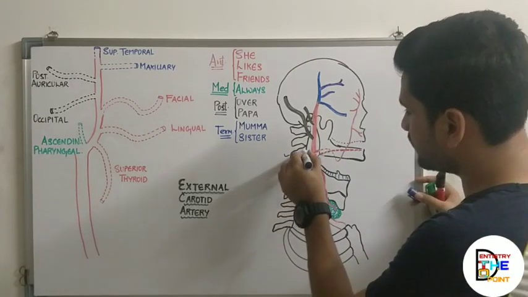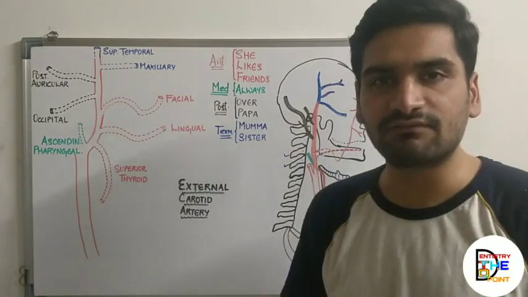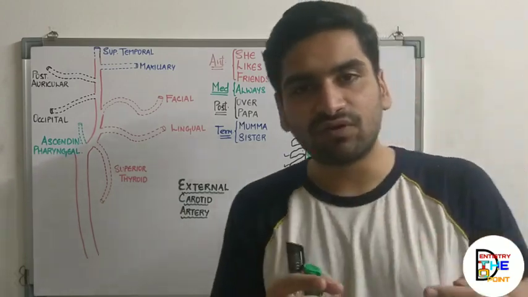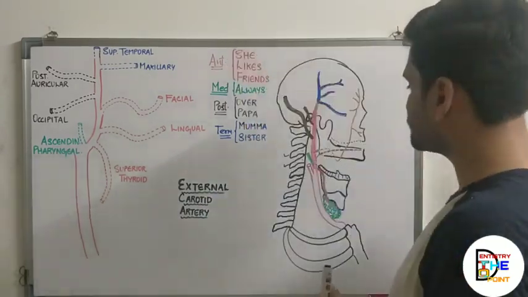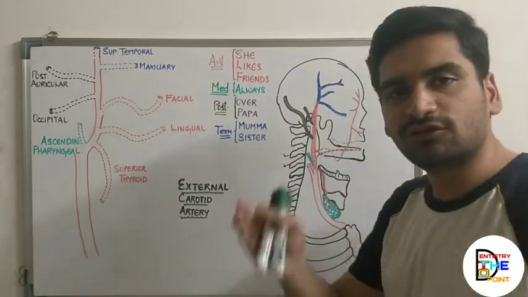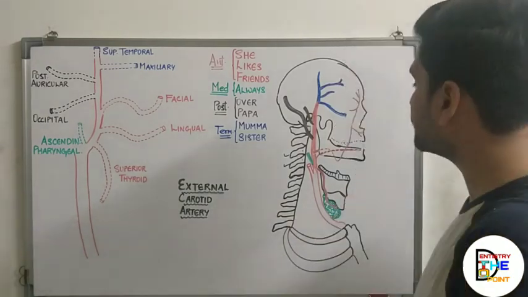See, this is your third, this is your fourth cervical vertebrae. तो उसके just सामने the external carotid artery will be given in the carotid triangle. We have made a different video on the carotid triangle. You must watch that also for a better understanding of this. So the external carotid artery will be given opposite to the greater cornua of the hyoid bone or at the level of the third and fourth cervical vertebrae.